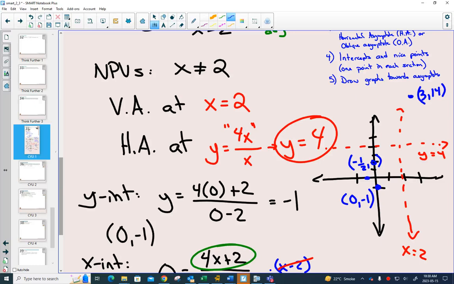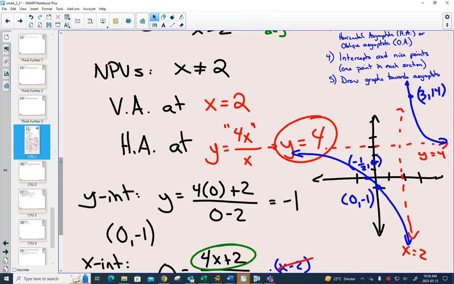To draw the graph, you just need the section where your points are. Obviously, your graph is going to go through these points. I hope you can see that the graph is going to connect between those two, but then you just need to draw it towards your asymptotes. So this one will go up towards this one and then down towards that one.